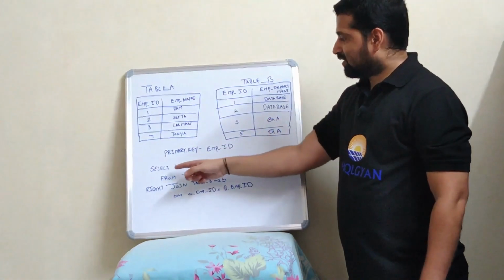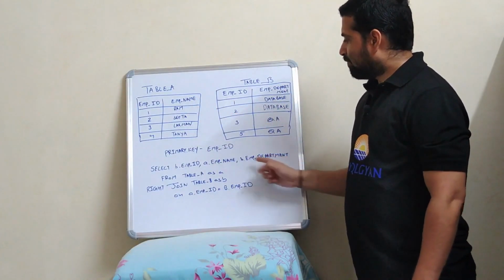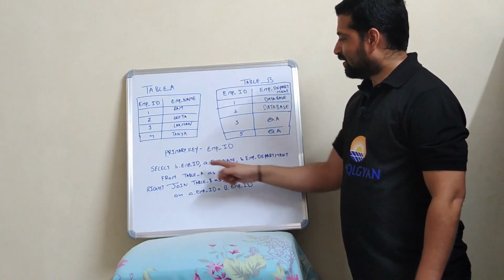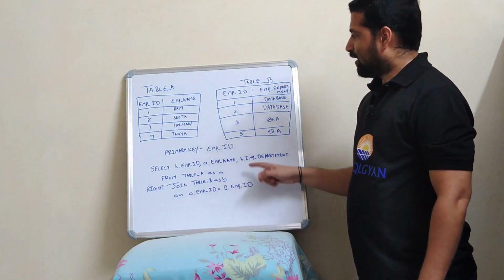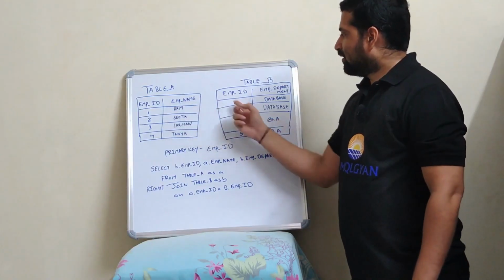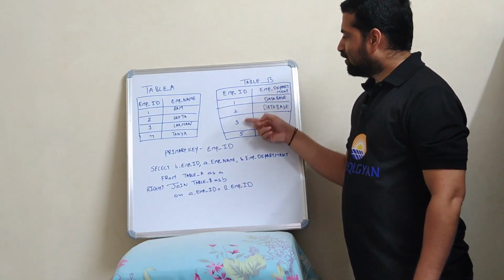So we'll see the query: select b.employee ID, a.employee name, b.employee department from table A as A right join table B as B on a.employee ID equal to b.employee ID. So a.employee ID and b.employee ID. Right table is B. On B we have 1, 2, 3 and 5.